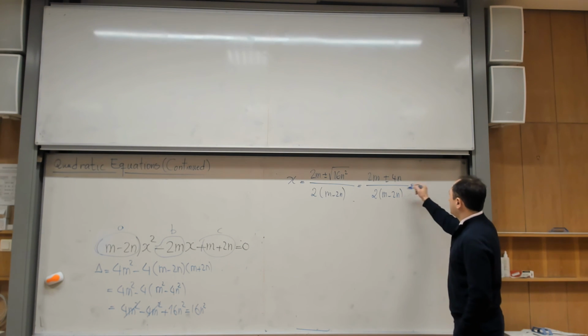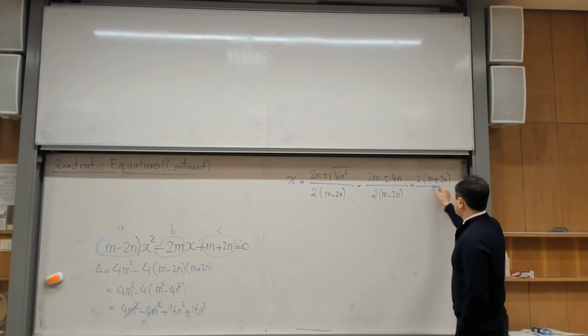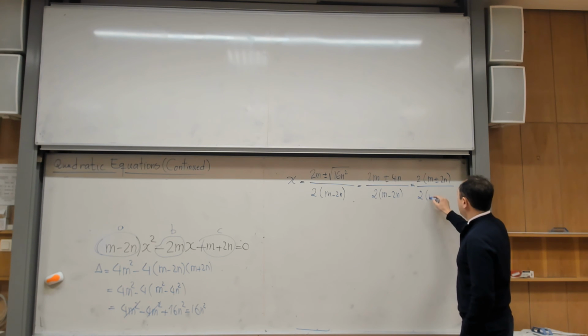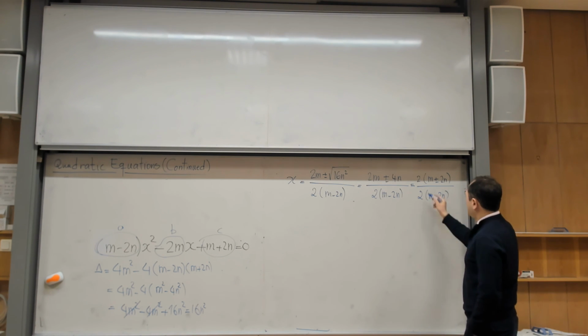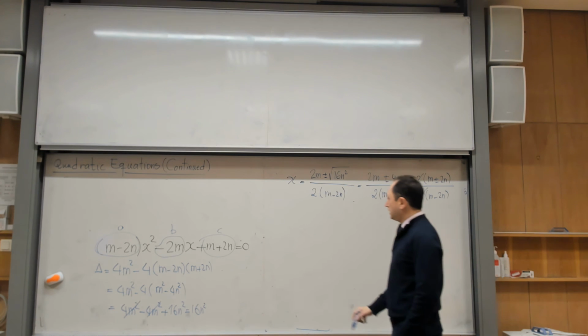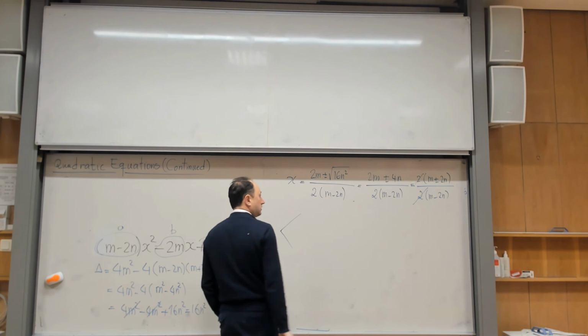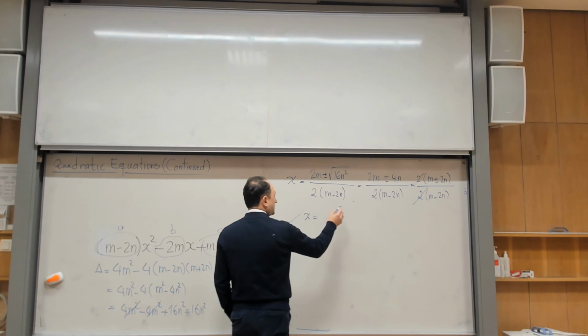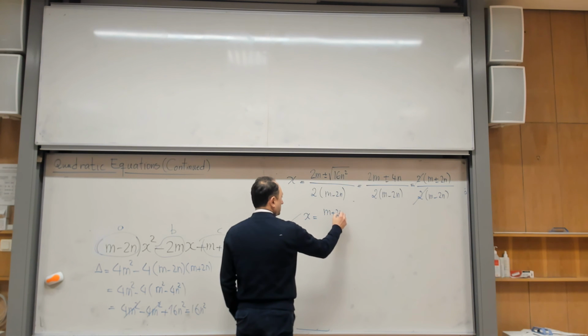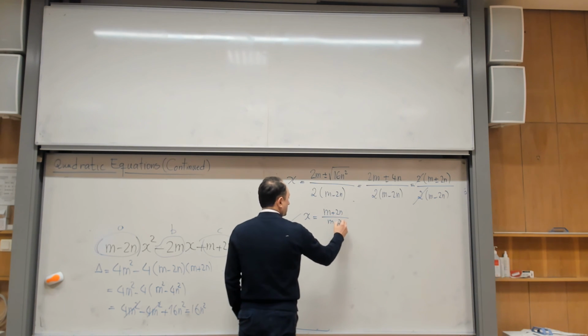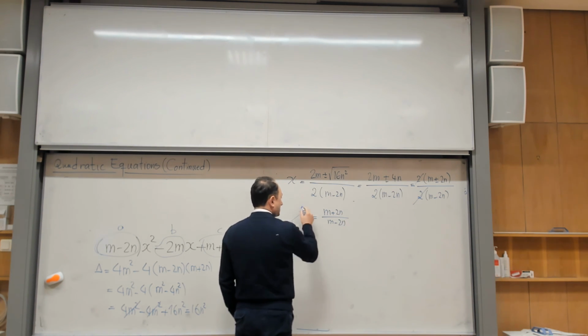Then what you do, you can factor a 2 out. Yes, and then divided by 2m minus 2n. This 2 and that 2 are cancelled, and then I get two alternatives. One of them is with the positive sign, and it remains like that.